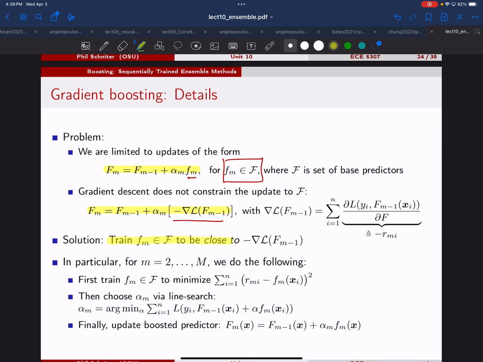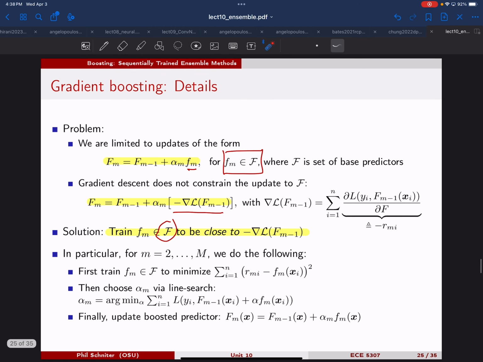Rather, train an F that is in our model class, let's say a tree, that's as close as we can get to this negative gradient. We want to make this as close as possible to this. So it's not the exact gradient, it's an approximation of the gradient, but that's how we can guarantee that it is in the function class we want, that it is a tree or decision stump or whatever.